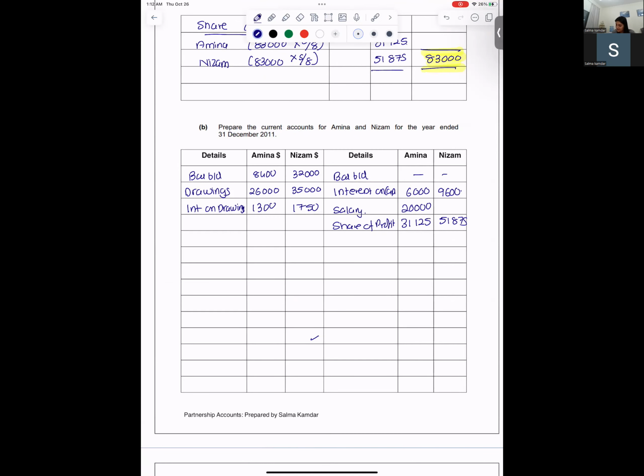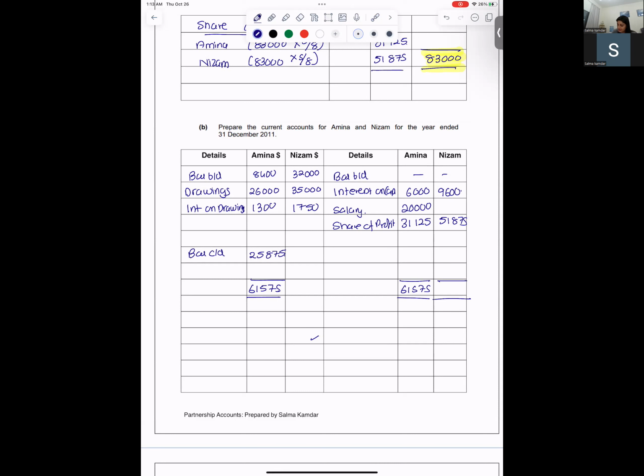I see the credit side total of Amina is more. It is 61,575, I will write it on both sides. From 61,575, when I deduct 8,400, 26,000 and 1,300, I will get my balance closed down for Amina as 25,875.